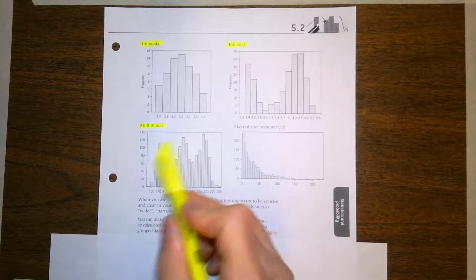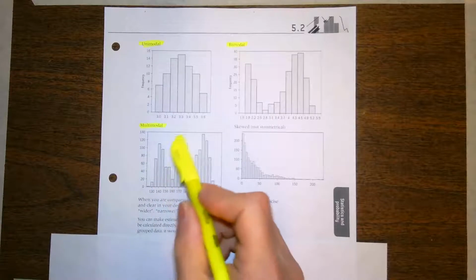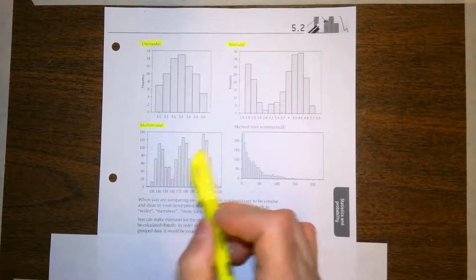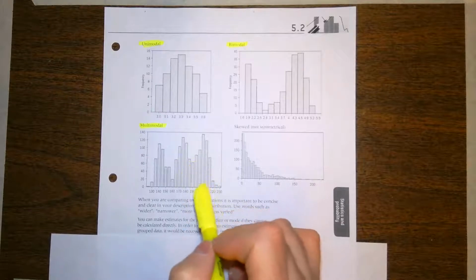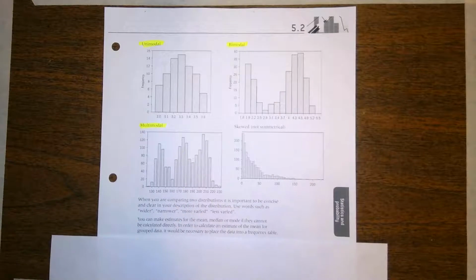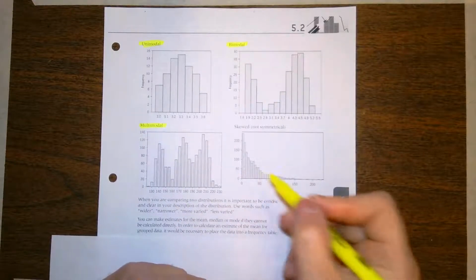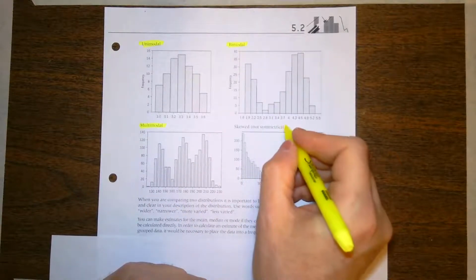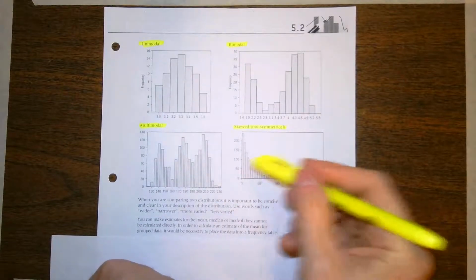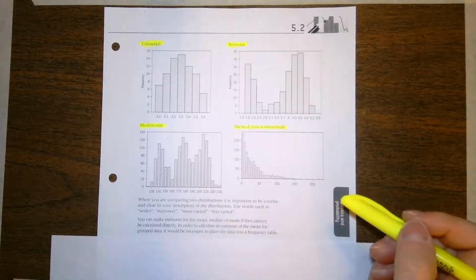I've got a lot here, a lot here, a lot there. I've got a little bell here, a bell here, and a bell here. It's not symmetric. There's no one class that occurs statistically more than any others. There's really no mode in here. And then this one, notice how all the data is pushed all the way over here. This is skewed. All the data is skewed to one side or the other.